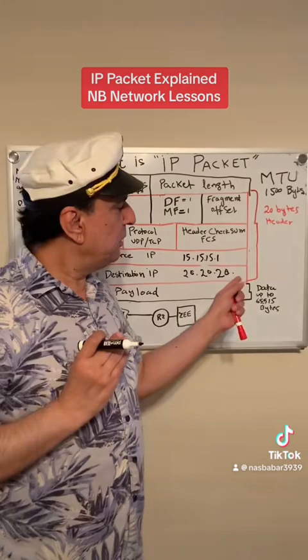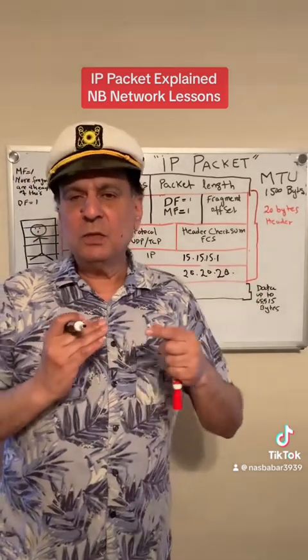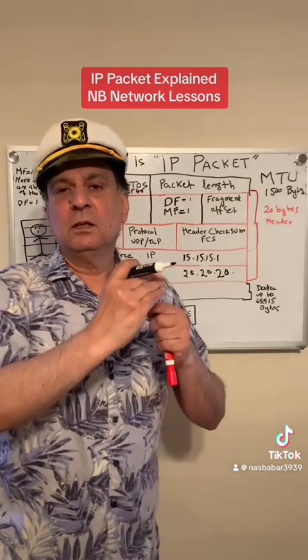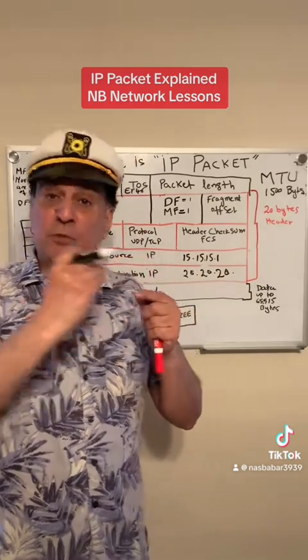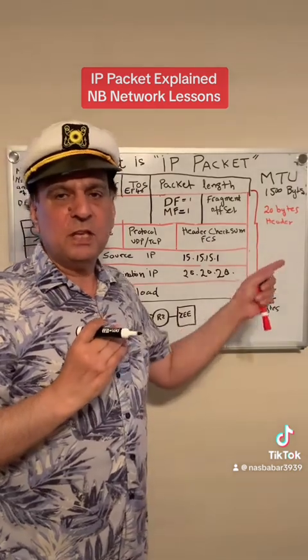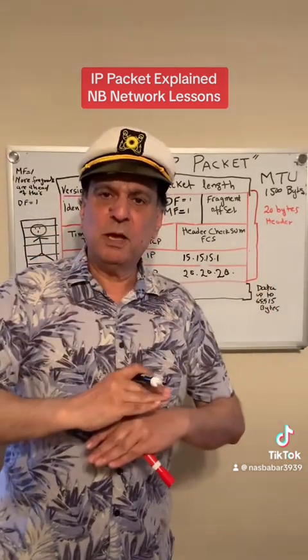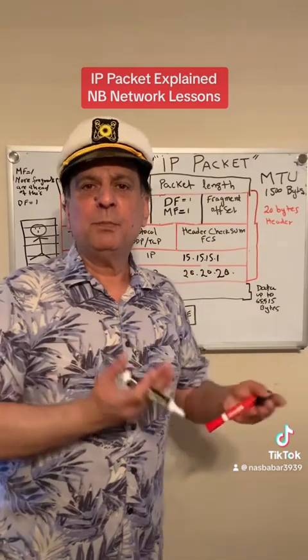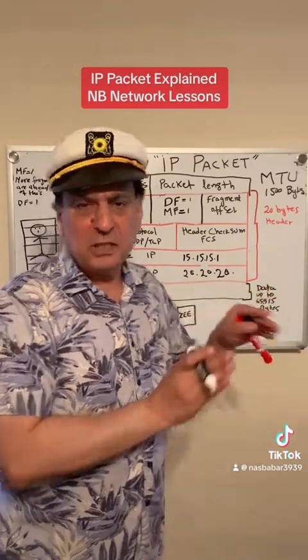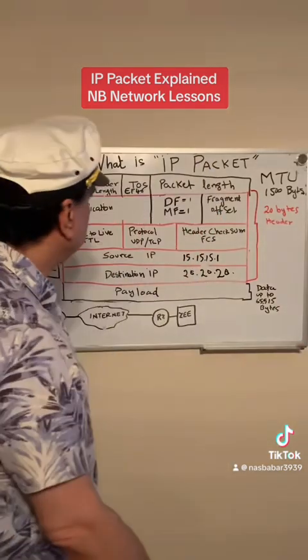When the receiver receives them, there is some chance that IP packet 5 might arrive before 3. So the job of the receiver's TCP stack is to assemble them in a sequential manner so that it can be presented as a picture which is not out of order.